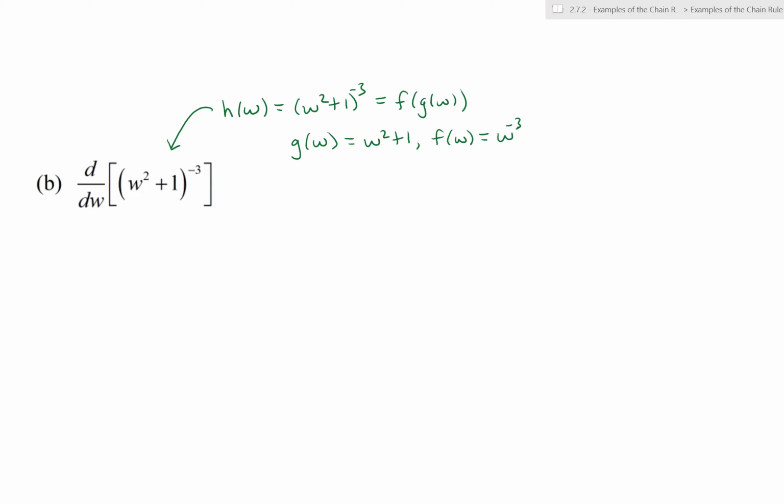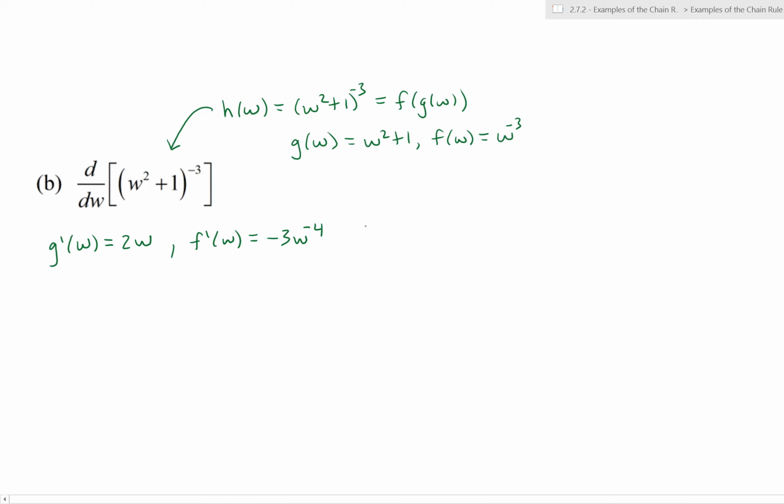And then we play our game again. So what is g prime of w here? Power rule, that's just 2w. And then f prime of w, another power rule, is negative 3 w to the negative fourth power.